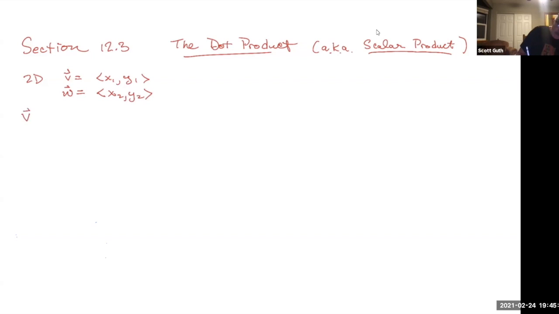V dot W, and how do you know that's a dot product and not a multiplication? Well, it can't be a multiplication. It has to be a dot product. We use a cross when we do a cross product. So there's no scalar product that's implied here. You're multiplying two vectors. So V dot W, of course, is going to be x1, x2 plus y1, y2. And note that this is a scalar result. Okay.